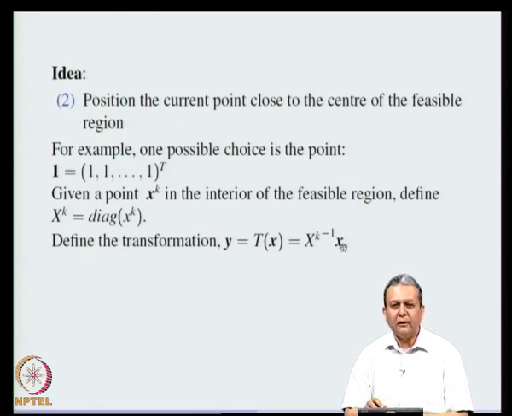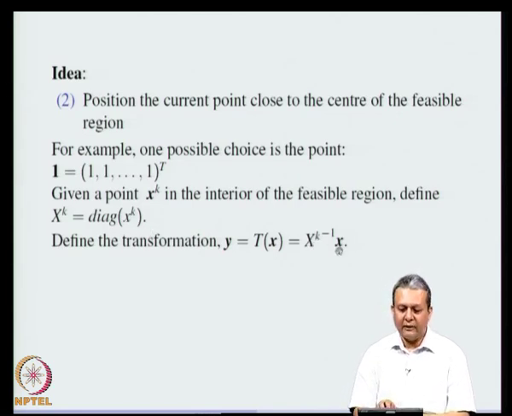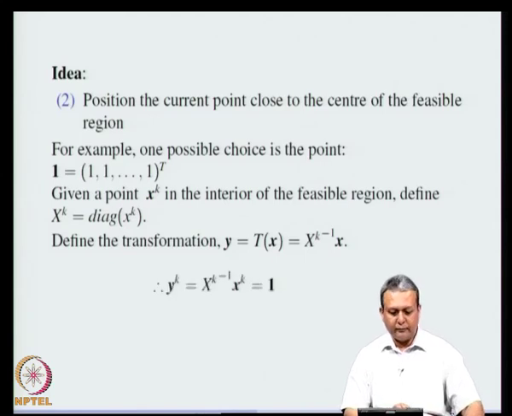Since X k was obtained by placing the entries of x k along the diagonal, X k inverse x k will be the vector of all ones, and therefore y k will be X k inverse x k, a vector of all ones.